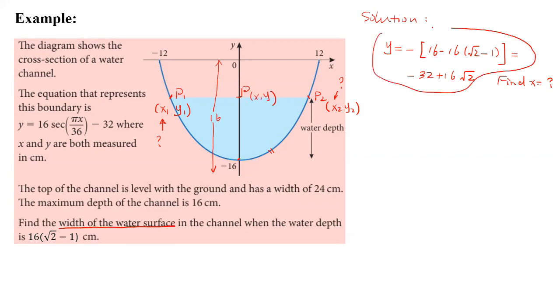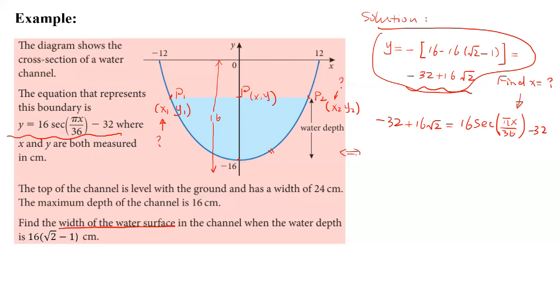Okay, so basically the y coordinate of P and P1 and P2 is this value here, right? So let's put this value in this function given here. And this equals 16 sec pi x over 36 minus 32, right? Then we have an equation here, and then we need to find the value of x's, right?